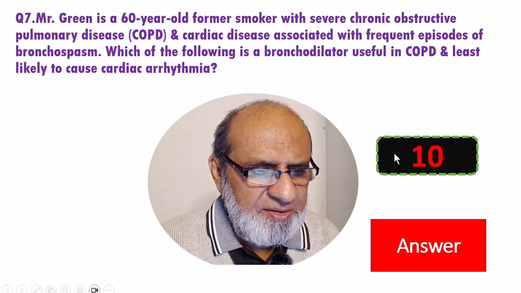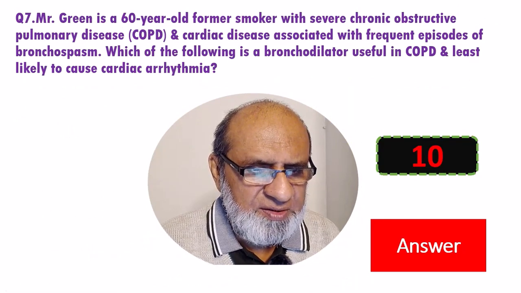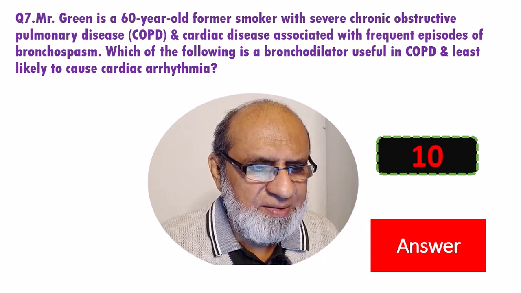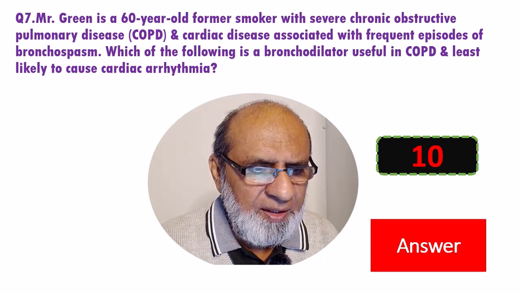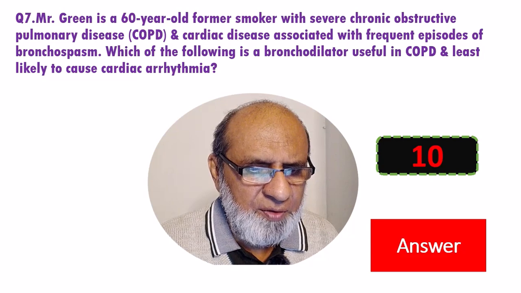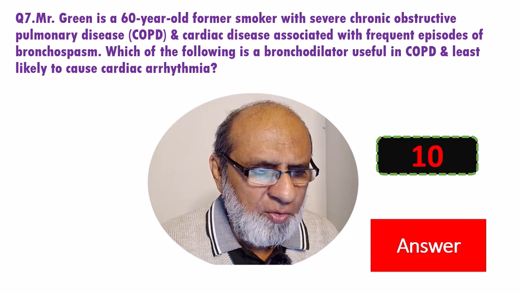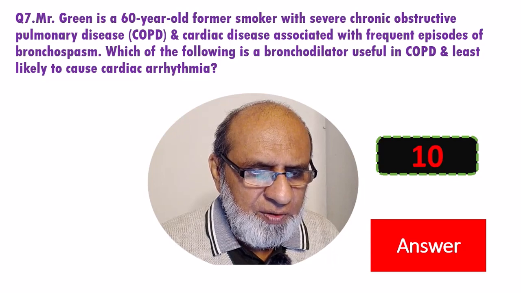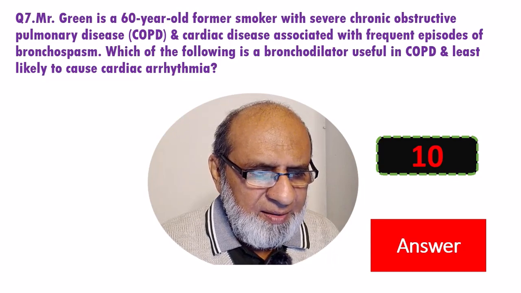Question 7. Mr. Green is a 60-year-old former smoker with severe chronic obstructive pulmonary disease, that is COPD, and cardiac disease associated with frequent episodes of bronchospasm. Which of the following is a bronchodilator useful in COPD and least likely to cause cardiac arrhythmia?